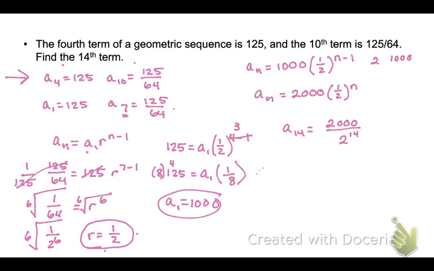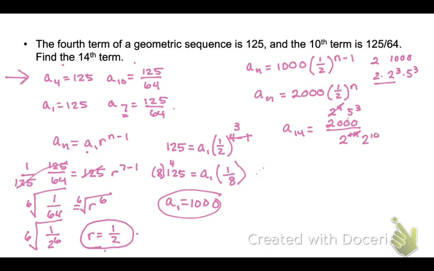Mm-hmm. So 10 cubed would be 2 to the 3rd times 5 to the 3rd. Do you see how us knowing how to break things down can make it a lot quicker? So I have 2 to the 4th times 5 to the 3rd. Look, so I can take out 4 2's. Yeah. So I have 2 to the 10th.